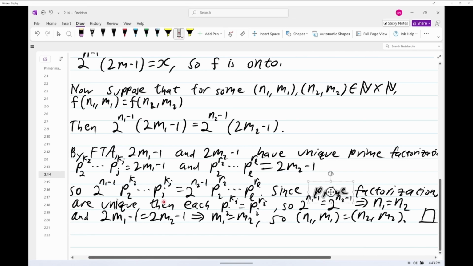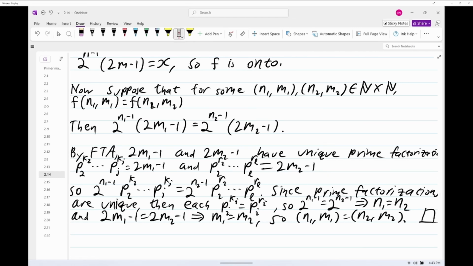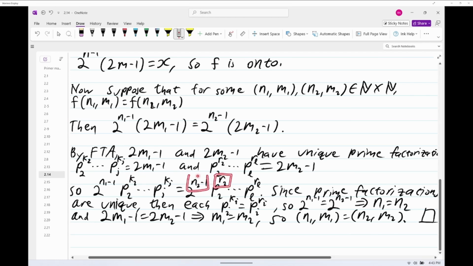Since prime factorizations are unique, that's part of the fundamental theorem of arithmetic, each p_i to the k_i equals p_i to the r_i. So if two numbers are equal, they have to have precisely the same prime factorization, which means that this has got to be equal to this up here, and this up here has to be equal to this over here, which means that n1 is equal to n2.